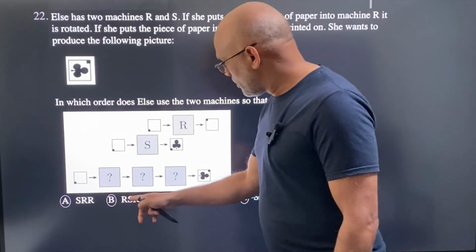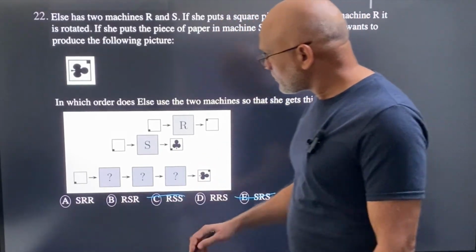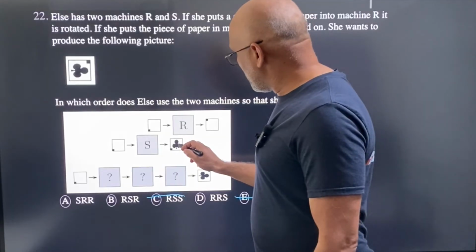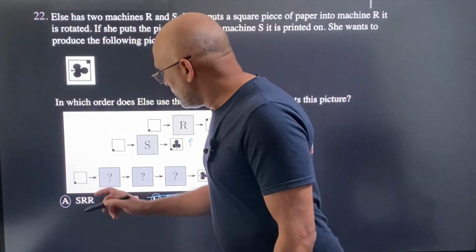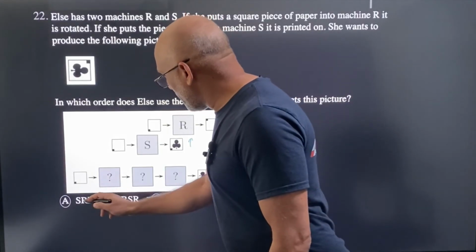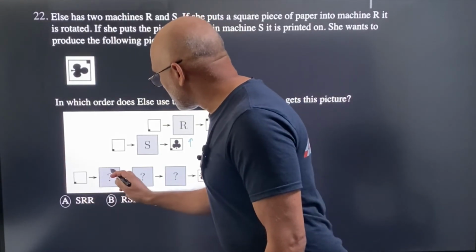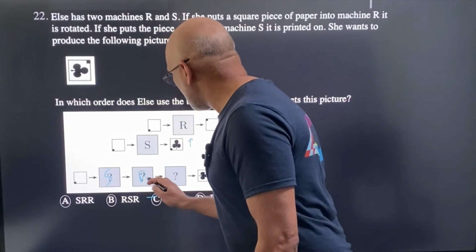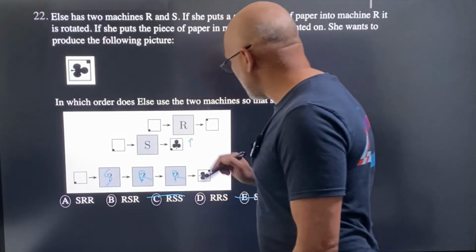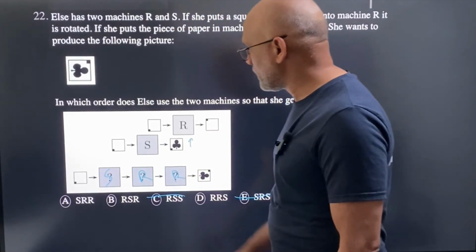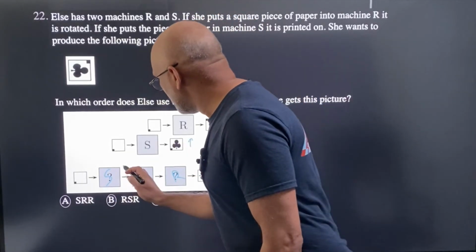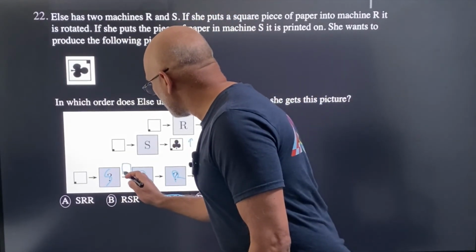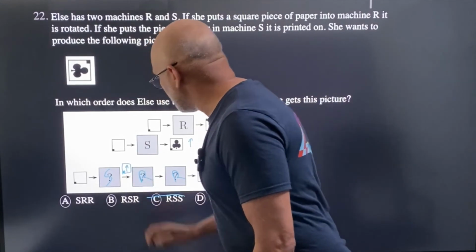Next, we can check one answer at a time. So instead of drawing this complicated shape, I'll just put an arrow like this, okay? So let's say I start with SRR. So this is S, R, R, and then we'll see what we end up with. If I put an S, S does a printing. So I end up with something like this.